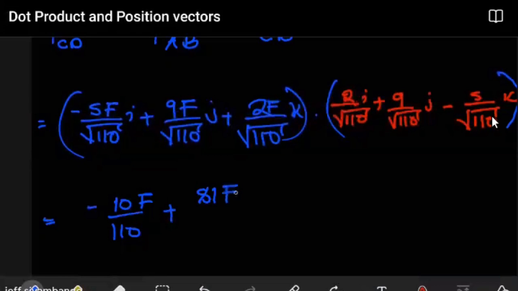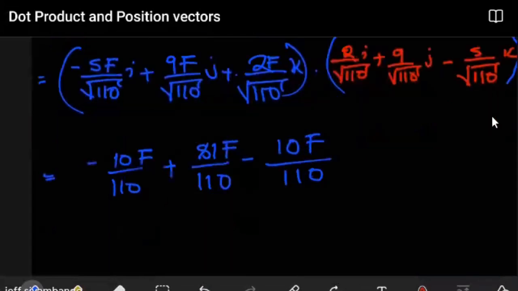The j and the j will give us a 1. Then again, root 110 will give us 110. Then plus, again, 2 will multiply 5, we'll get 10. It's positive and negative, so this is going to be negative 10. The F comes here, then over root 110 over root 110. This just gives us 110.